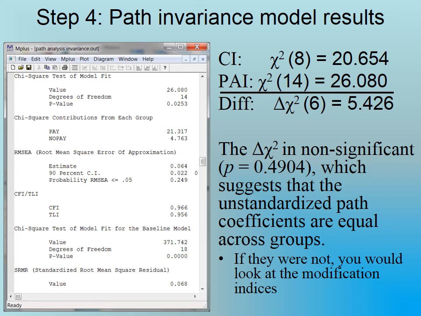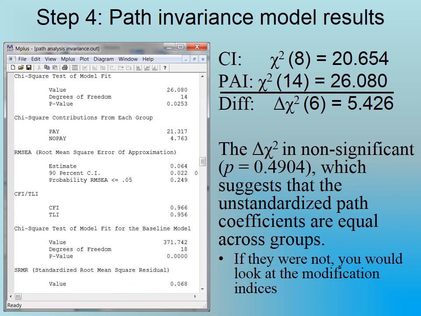In this case, our path coefficients are invariant, because our chi-square is non-significant. Again, this means our path coefficients are equal across both groups. In other words, the prediction of each x on y doesn't vary whether your parents pay or do not pay for college. Because the change in chi-square is non-significant, we can stop here.